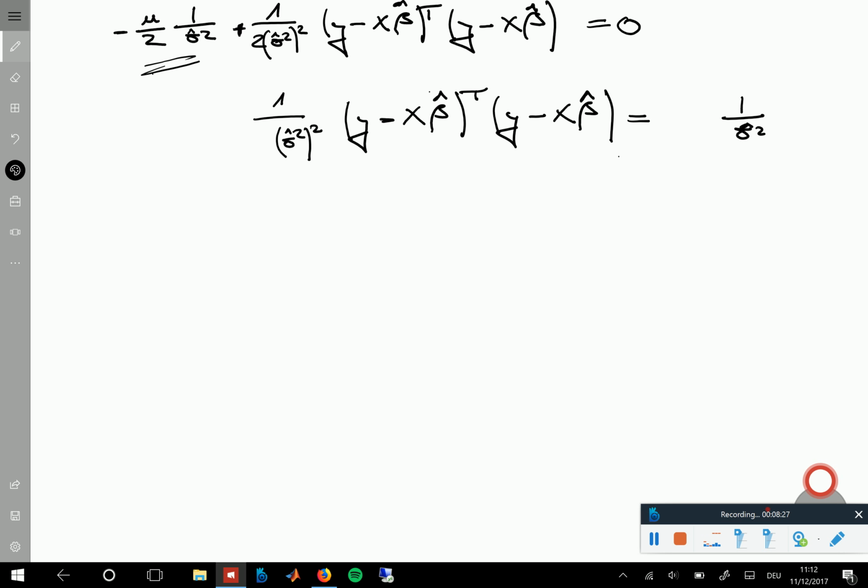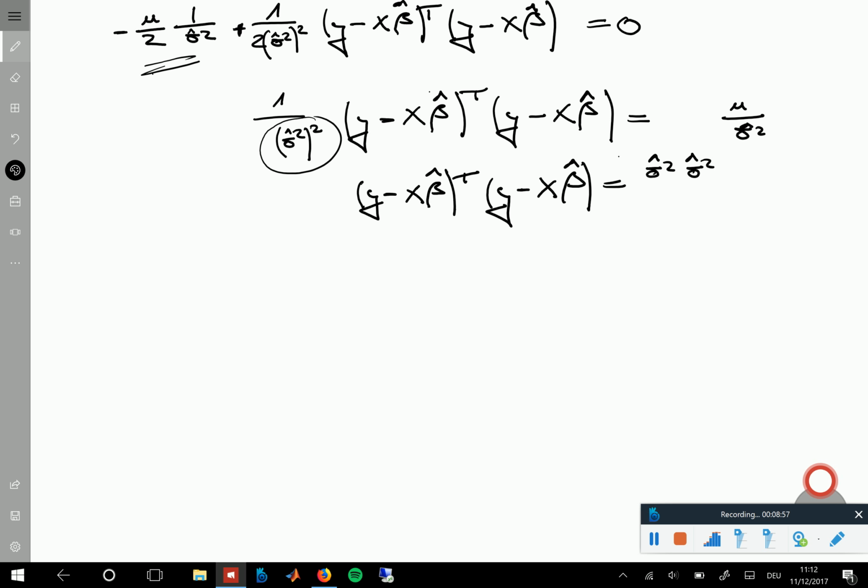And then we multiply both sides by sigma square hat squared, which leads to y minus x beta transposed times y minus x beta hat, equals sigma square hat squared times n divided by sigma square hat.